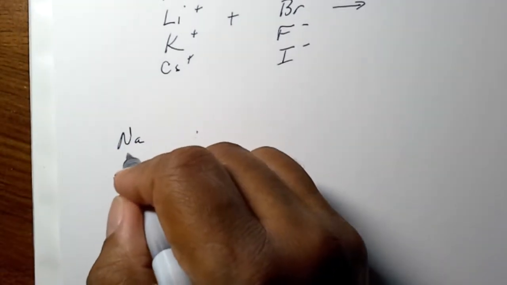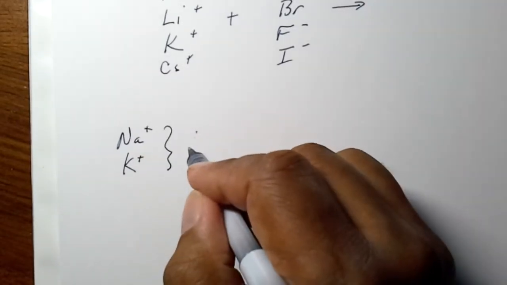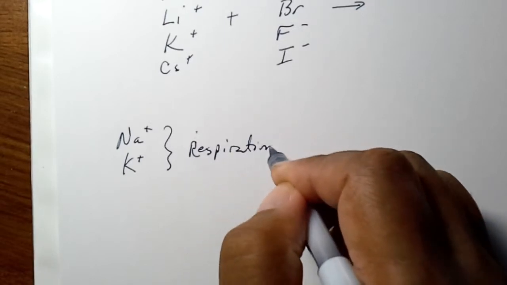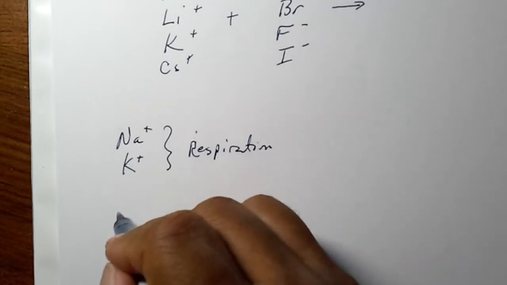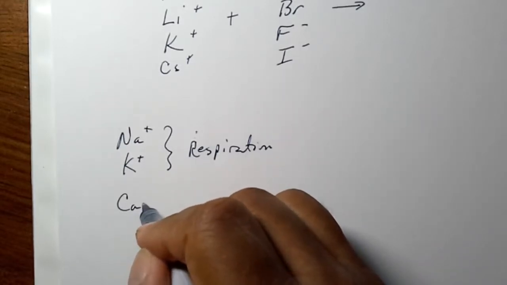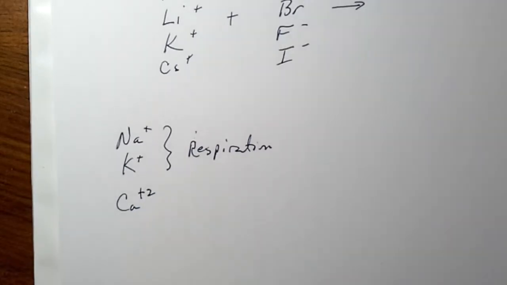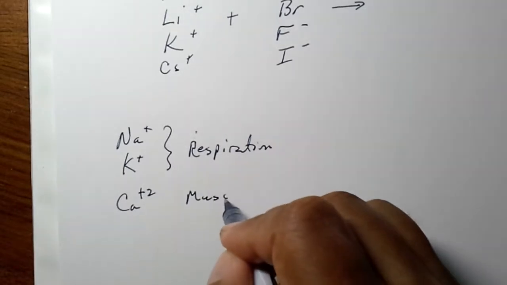Of course, sodium and potassium, very important in respiration. Calcium is also an electrolyte that is important in muscle contraction.